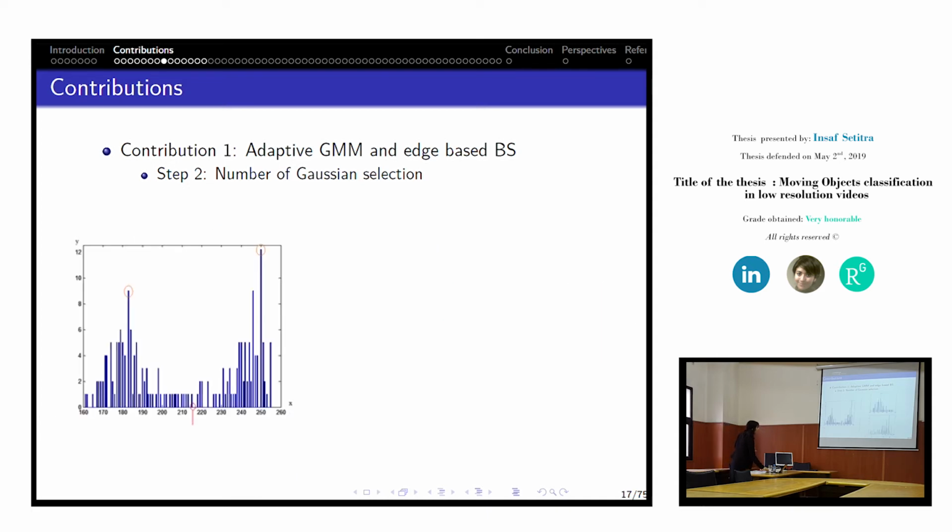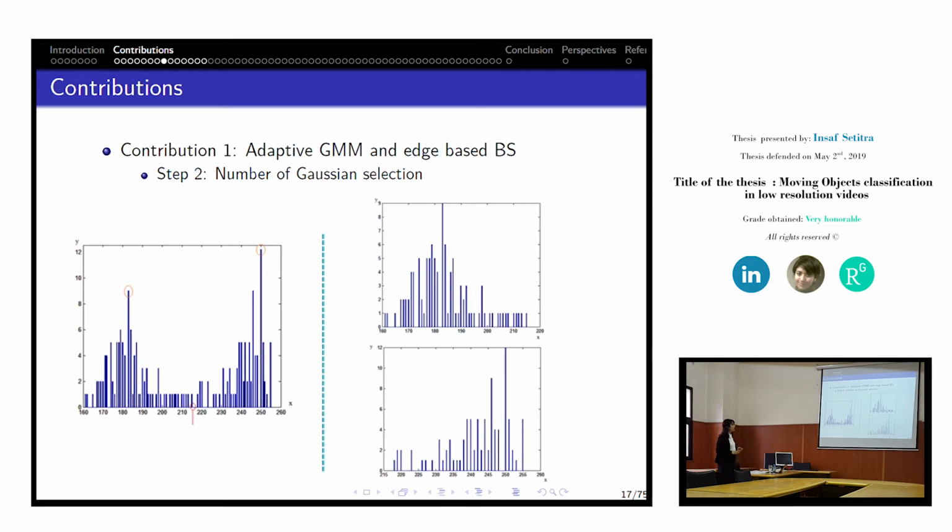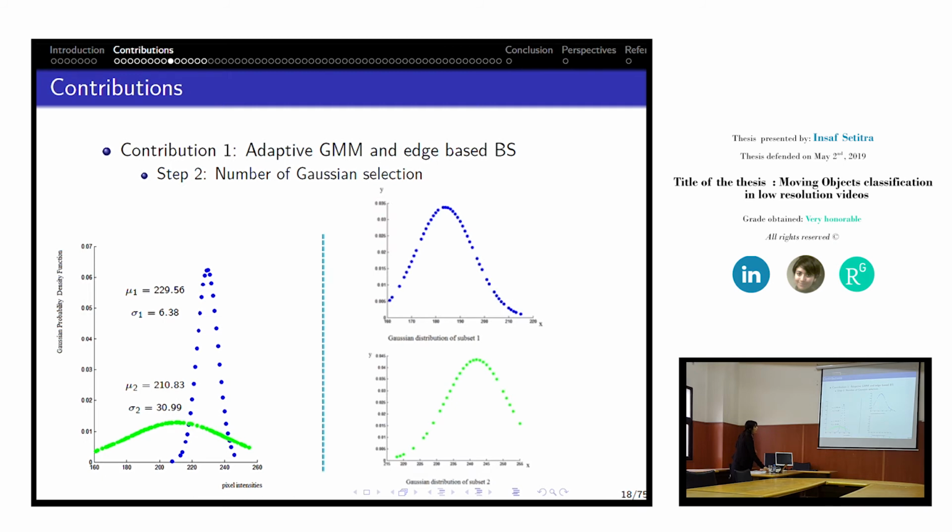The distribution is then split according to the mean of the two bins, which results in two new Gaussians. We can already see that the standard deviation of the new Gaussians is less than the original one.